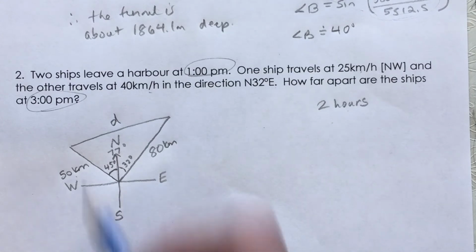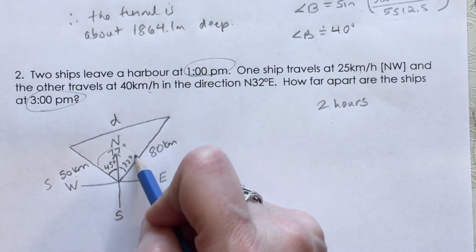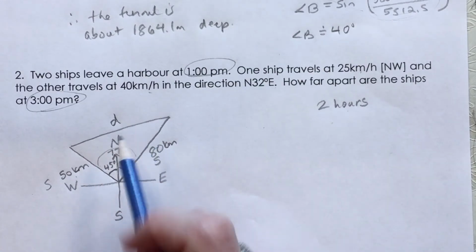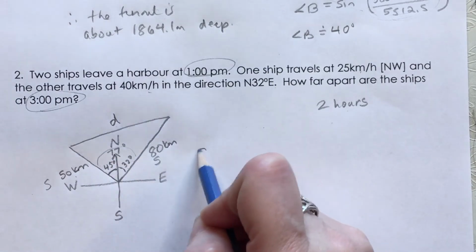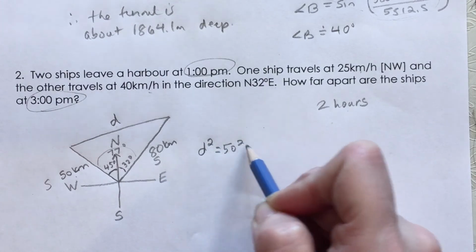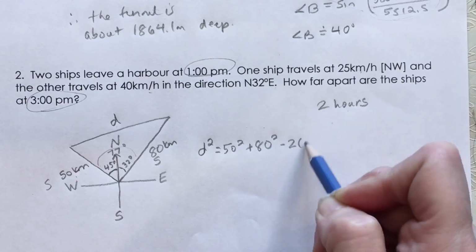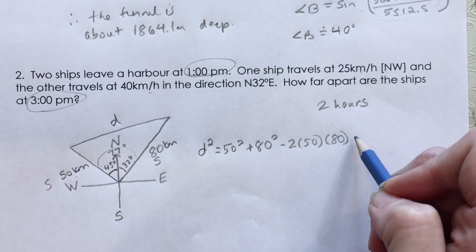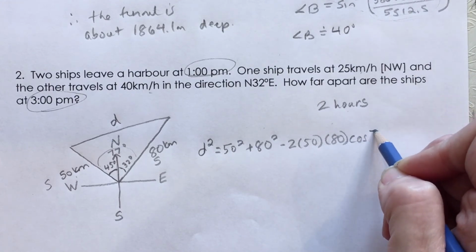All right, so again, we've got this pattern of we know a side, we know the angle between the two sides, and another side here. So we've got side, angle, side, so we can use the cosine law to find how far apart the two ships are. So that distance squared is going to be 50 squared plus 80 squared minus 2 times 50 times 80 times the cosine of 77 degrees.